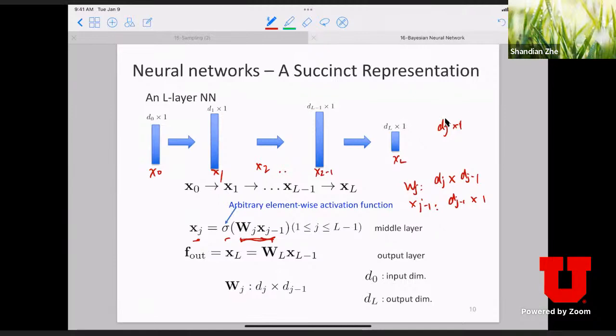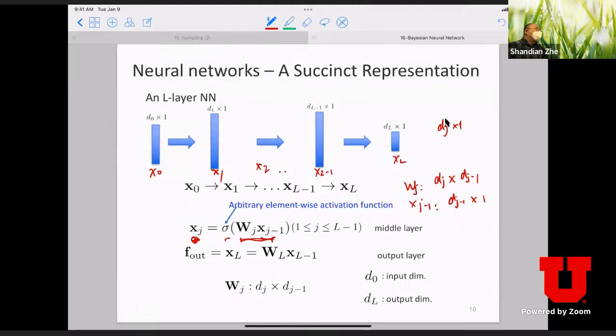We get the output of the neurons in the layer j. Does it make sense? It's just a standard. You want to represent all those computations with matrices and vectors. You don't want to write down the linear transformation of each particular neuron. You just write down how we get them in each layer together.